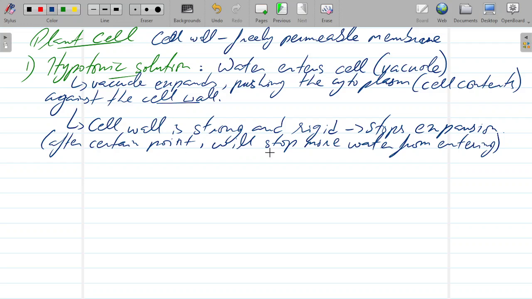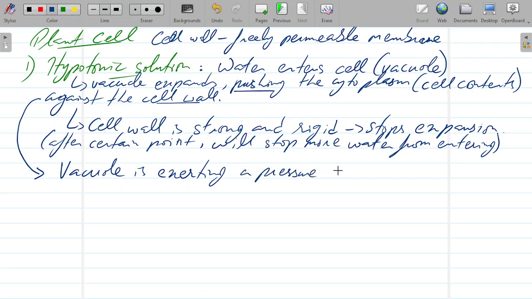Now, this is actually a good thing, right? Because as the vacuole expands and pushes against the cell wall, the vacuole is exerting a pressure on the cell wall.